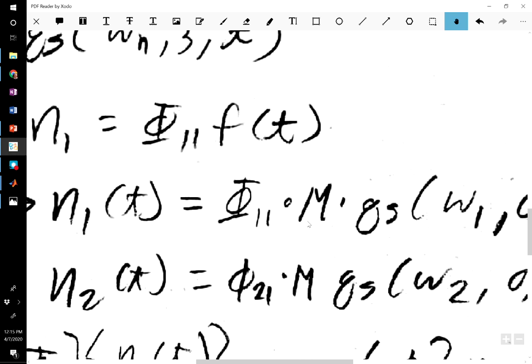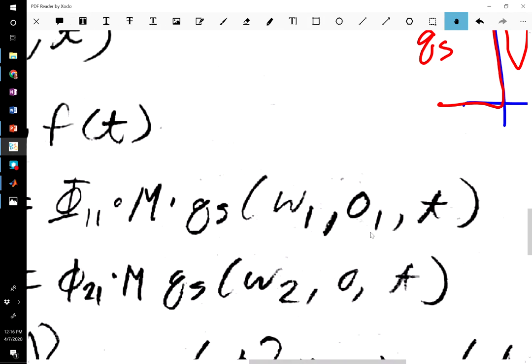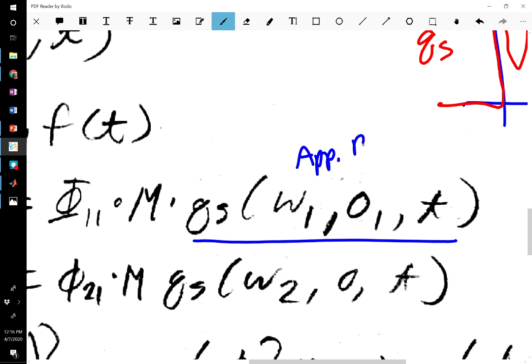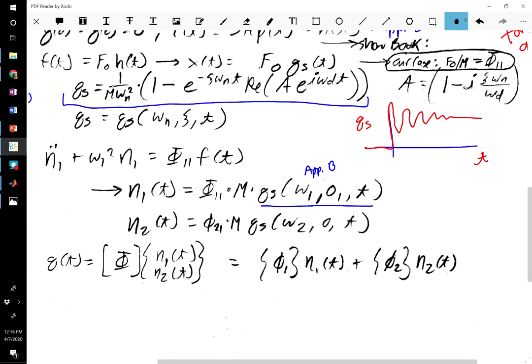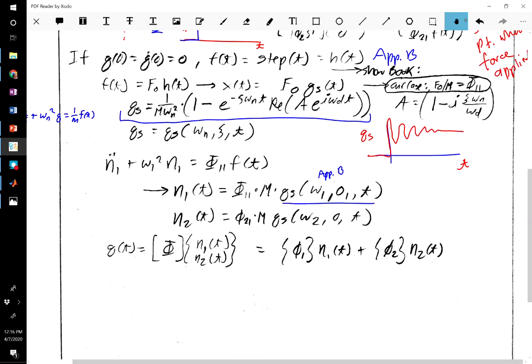And then we'd have the mass in that equation to cancel the m in the denominator, and then we would use Q step. And this part is exactly the part from Appendix B. So that would be the solution for mode 1 as a function of time.